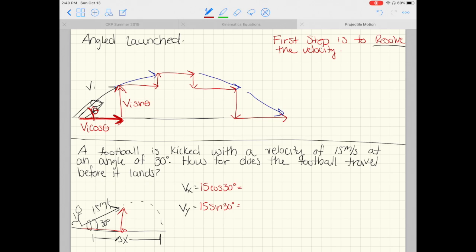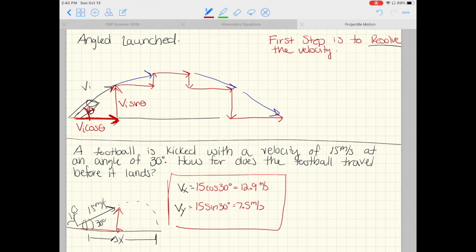Now taking out your calculator, making sure it's in degree mode, 15 times the cosine of 30 is 12.9, and 15 times the sine of 30 is 7.5.